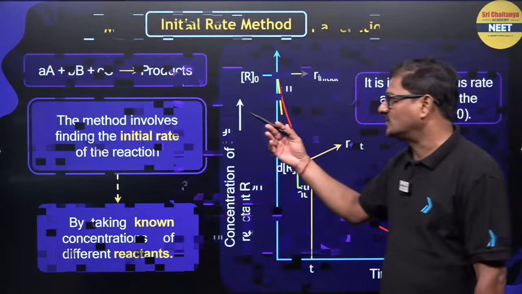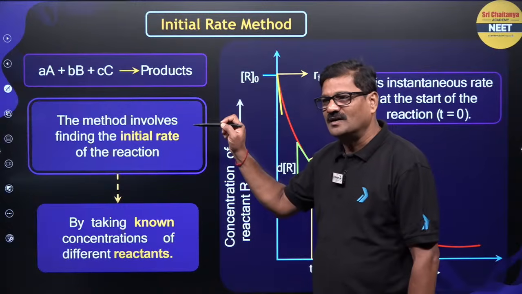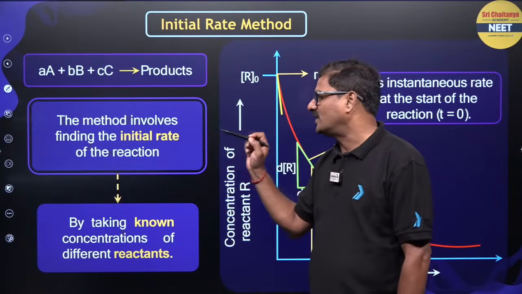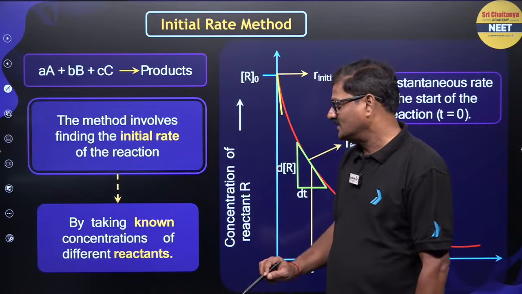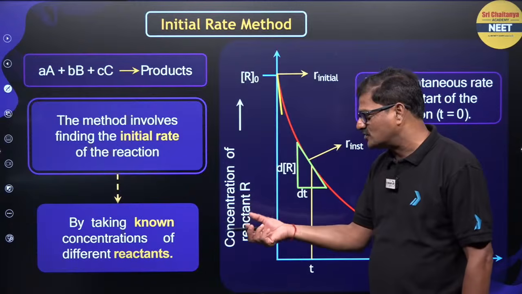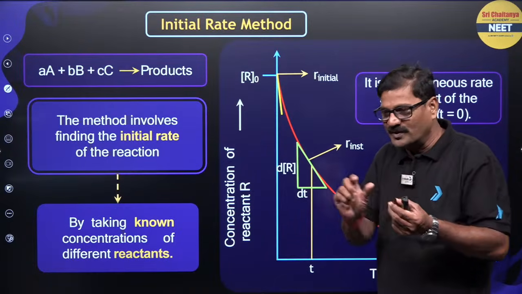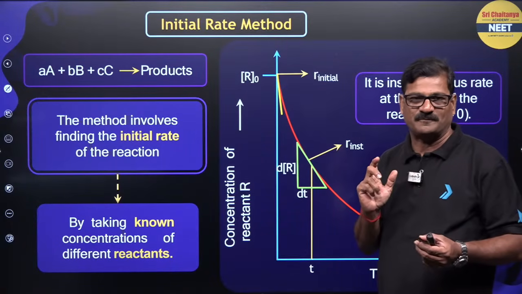So let us talk about the initial rate method. This method is actually finding the initial rate experimentally. So by taking known concentrations of the reactants, when you conduct the experiment, how much reactant A, how much reactant B, how much reactant C is taken.